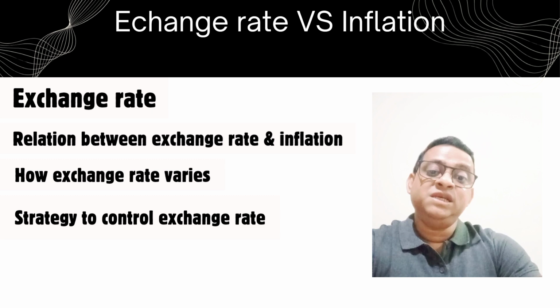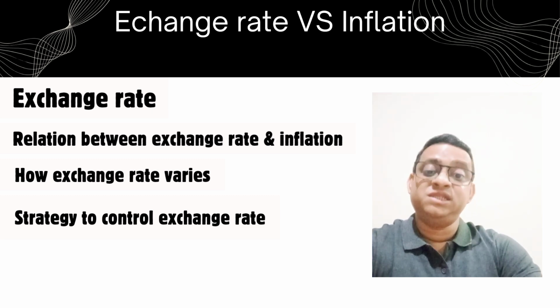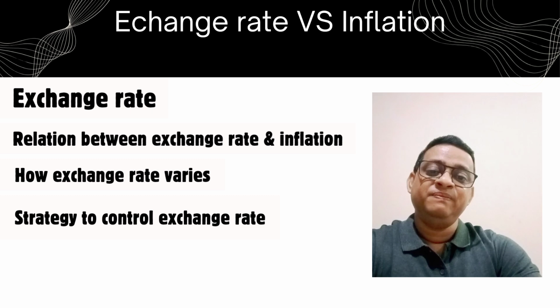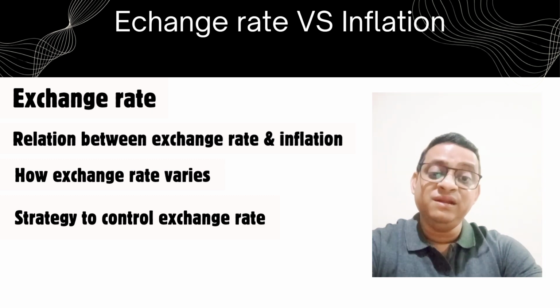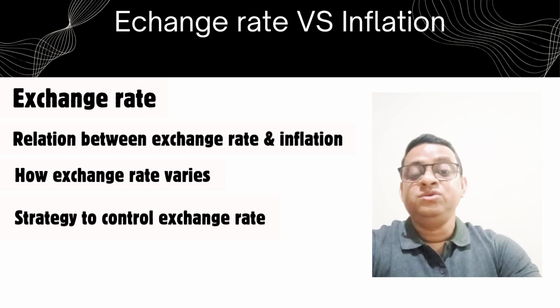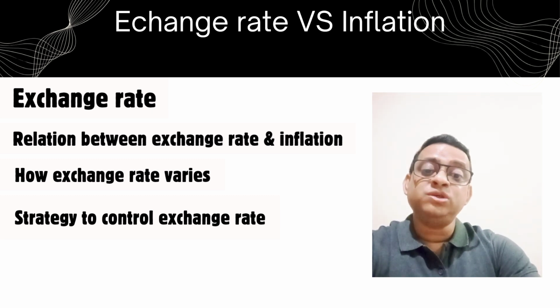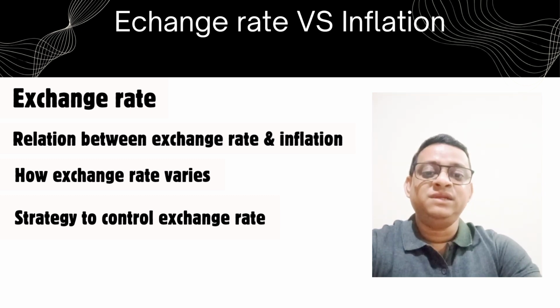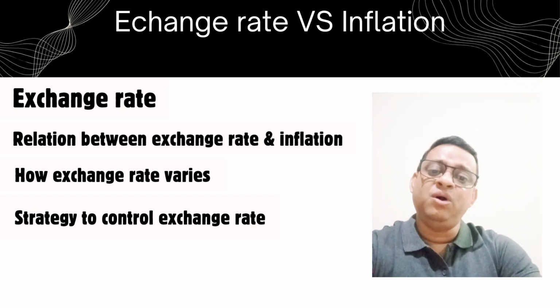And if the exchange rate increases to 90 rupees, then for the same raw material, how many rupees do I have to expend? 90 rupees. So obviously the cost of the raw material is increasing, as well as the cost of manufacturing, and the cost of the product is also increasing.